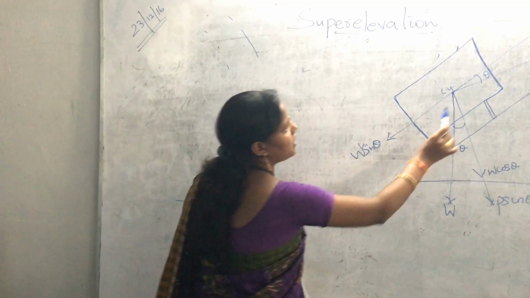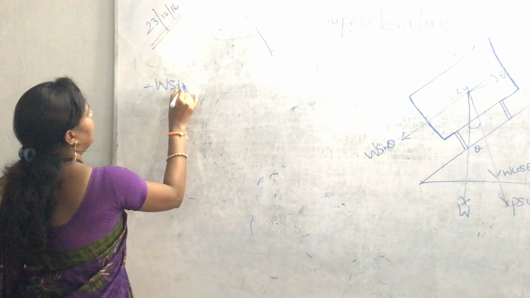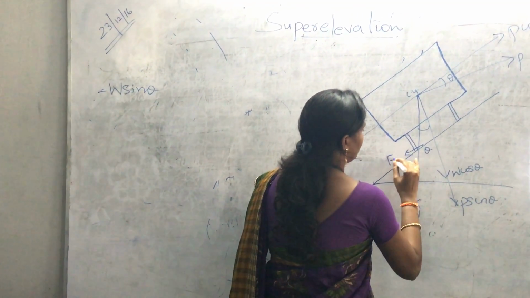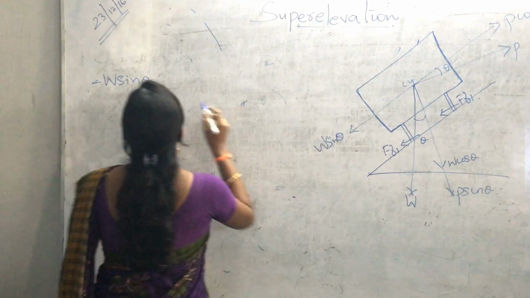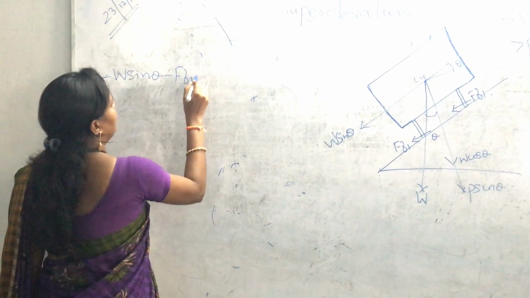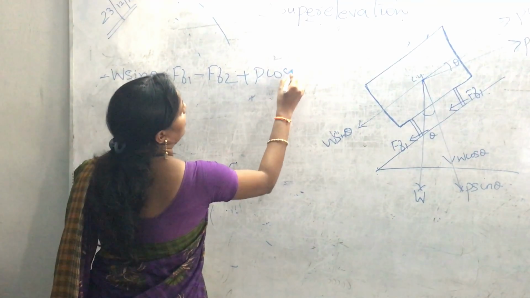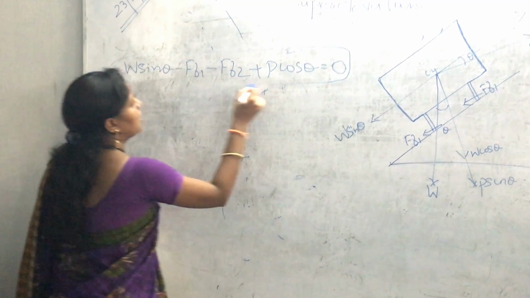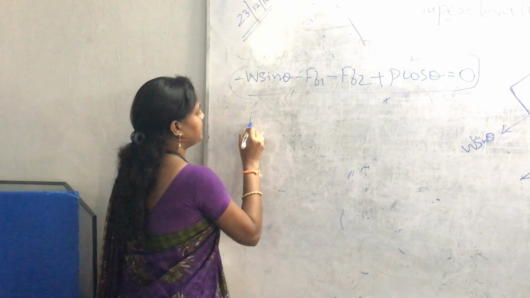The forces in the transverse direction are W sin theta, and then at the bottom of the tire the frictional forces F1, F2 will exist, plus P cos theta, which is equal to 0. This is the only basic logic applied here to derive the expression for the superelevation.